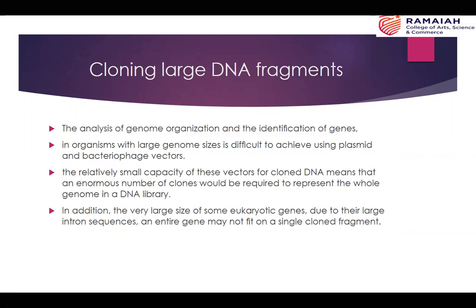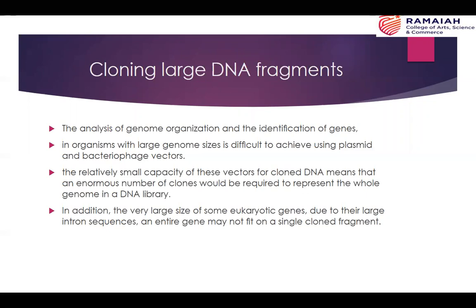So when the eukaryotic gene size is large, if the vectors you have selected for cloning, like plasmid or bacteriophage vectors, are not able to accommodate it, then it would be difficult to accommodate the entire gene as one single clone.